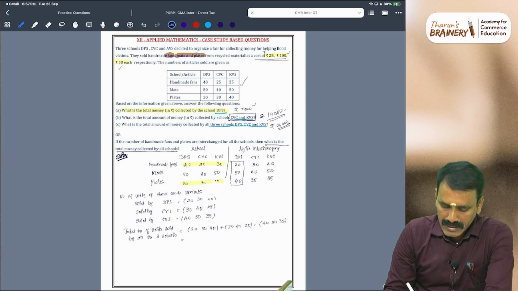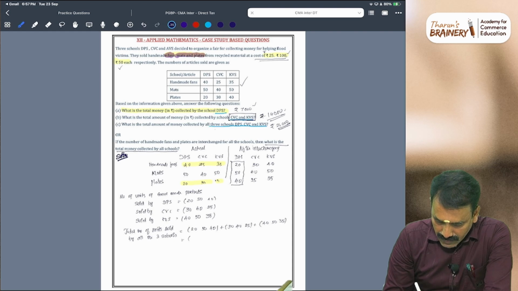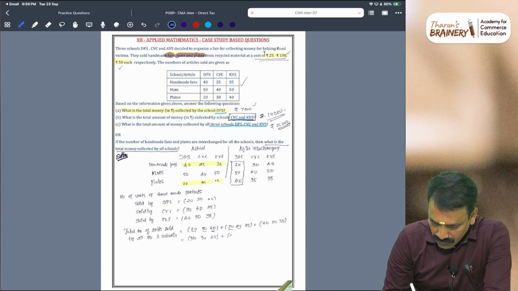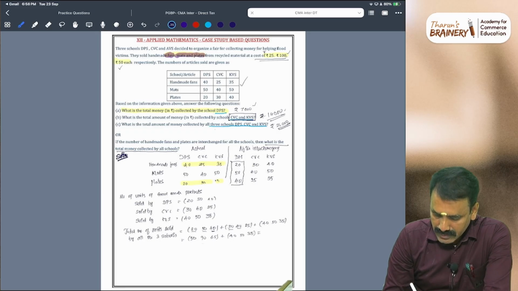First we add the first and second matrix: 20 plus 30 is 50, then 50 plus 40 is 90, then 40 plus 25 is 65. Added with the third matrix, 40, 50, 35. Both the matrices are of the same order, so I can add corresponding elements. 50 plus 40 is 90. 90 plus 50 is 140. 65 plus 35 is 100.